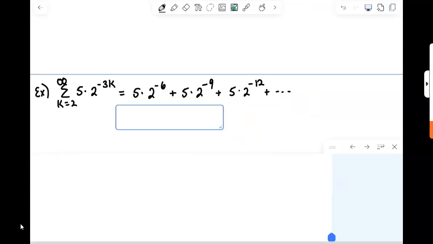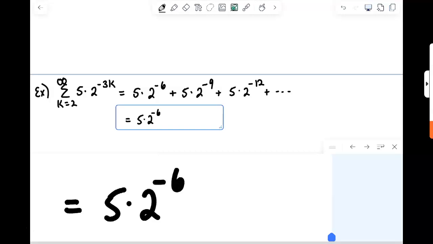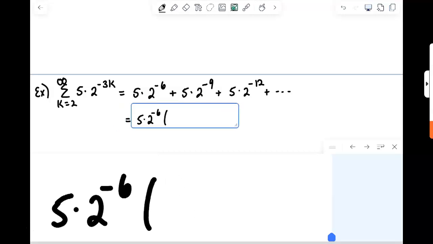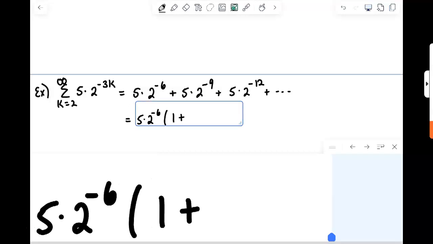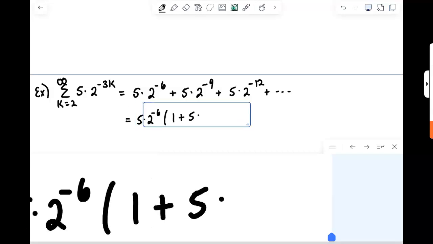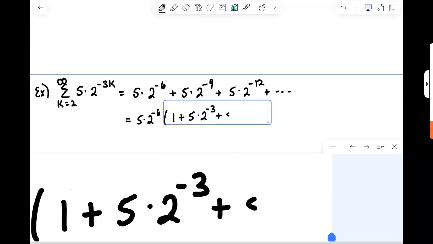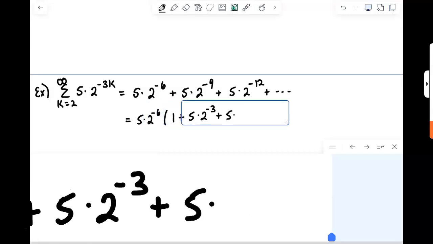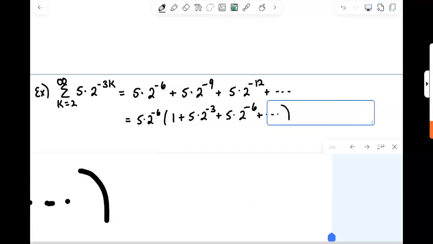So we notice that we have a common factor here of 5 times 2 to the minus 6th power. So we take that out. That makes that one 1. That would make that 5 times 2 to the minus 3rd plus 5 times 2 to the minus 6th, and so on.